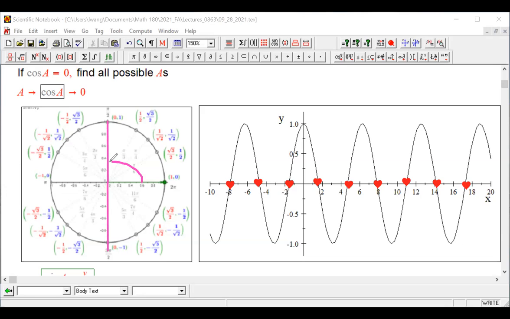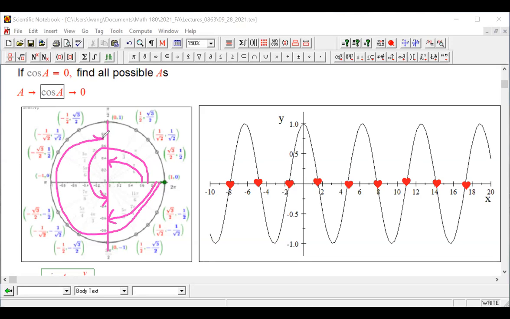If you measure counterclockwise, you hit it the first time, that's pi over 2. Yes? 3 pi over 2. Right? Negative pi over 2. Negative 3 pi over 2.